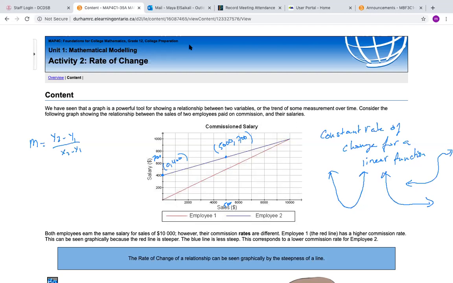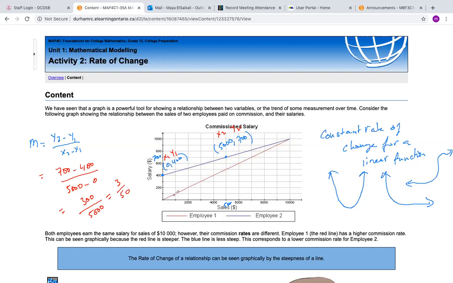Okay, so what we're going to do here, we're going to call this x2, y2, and this x1, y1. Okay, and then I'm going to use this formula, y2 minus y1 over x2 minus x1, and that's going to be 700 minus 400 divided by 5,000 minus 0, and that's going to be my rate of change.